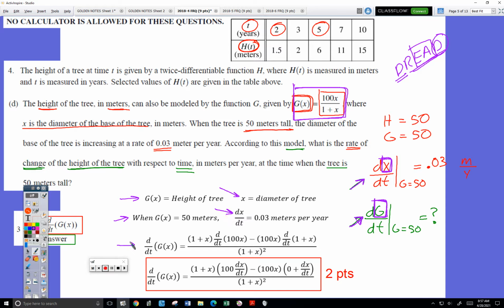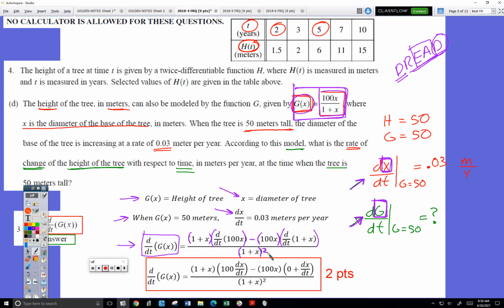So now I must take the derivative of the equation. The derivative of g would just be dg over dt. To take the derivative of this, I have to use the quotient rule. So I take the bottom multiplied by the derivative of the top, subtract the top multiplied by the derivative of the bottom, divided by the bottom squared.